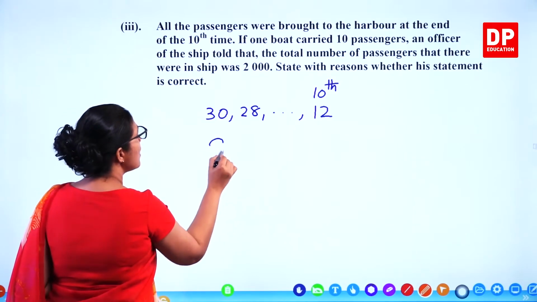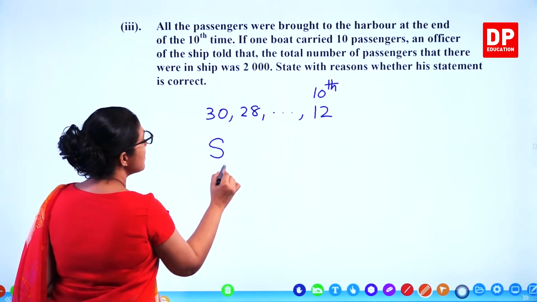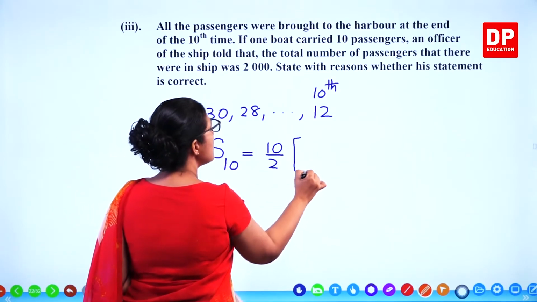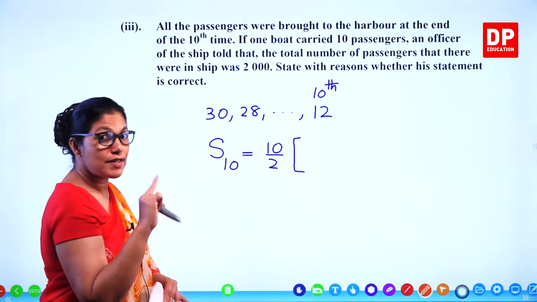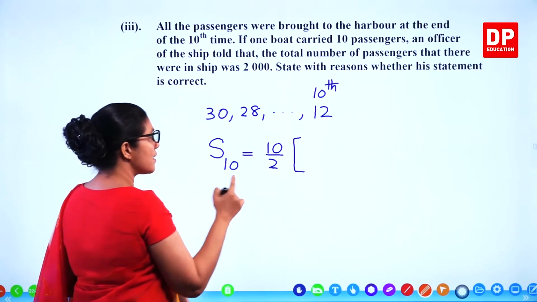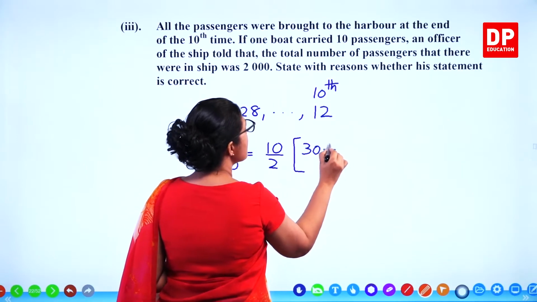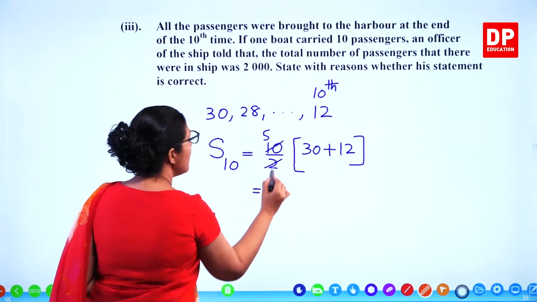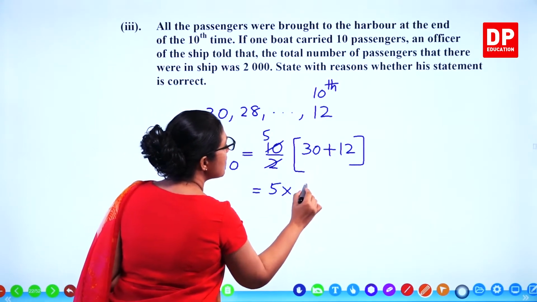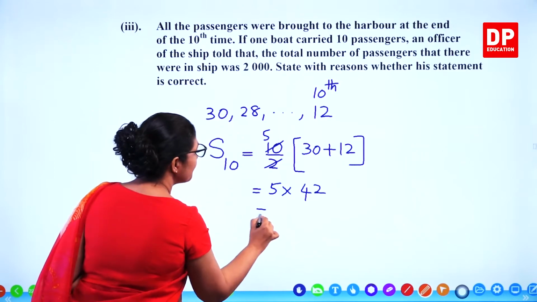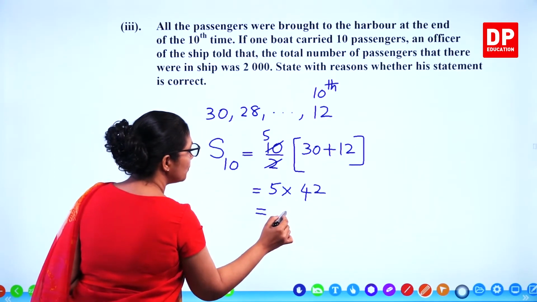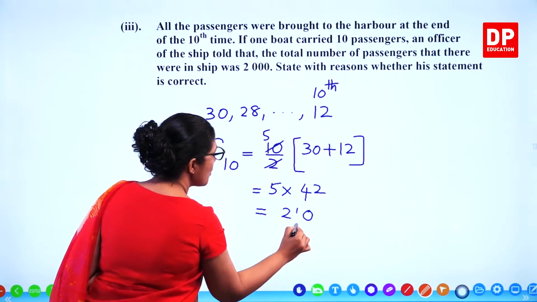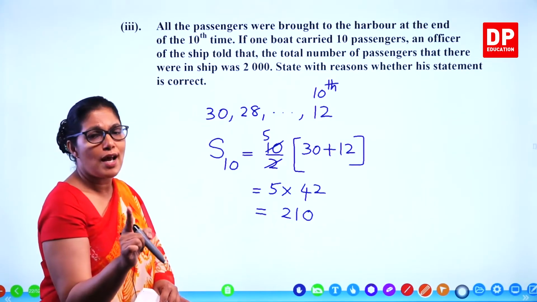So how do you find out the total? That's S10. 10 over 2. You can use A plus L, first term and the last term, because you know the last term. First term is 30, last term is 12. 2 times 5, 5 times 42. 30 plus 12, 42. 5 times 2, 10. 5 times 4, 20 plus 1, 21. 210 boats are used.